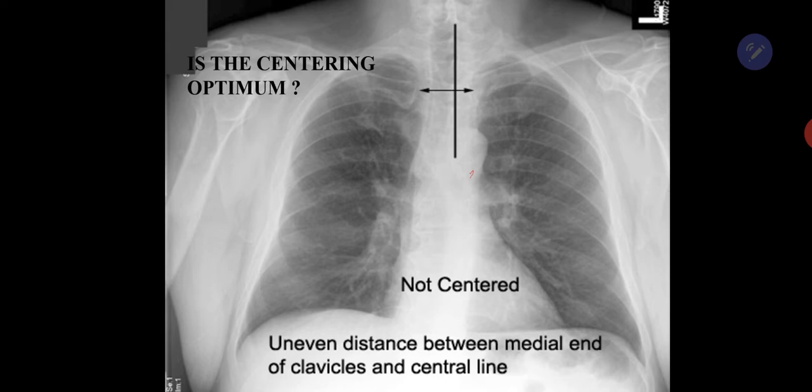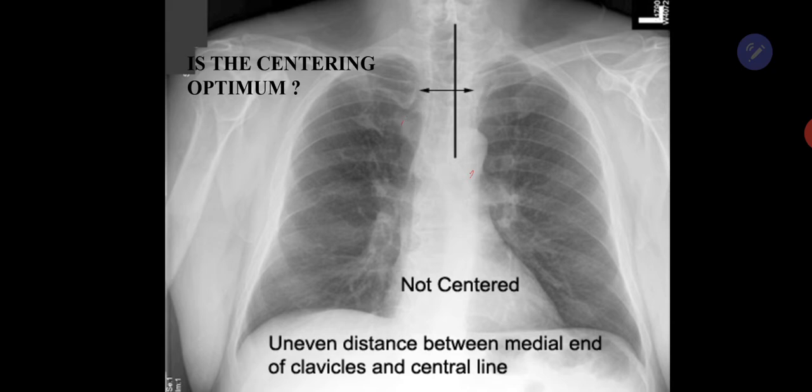And to look at that, we draw a line passing through the spinous process of the vertebrae, and this central line should be equidistant to the medial ends of clavicles on both sides.